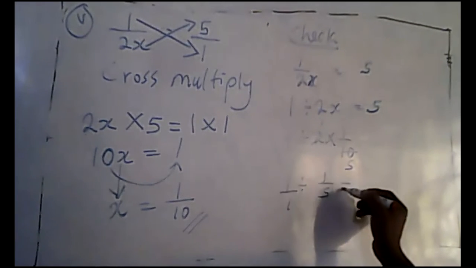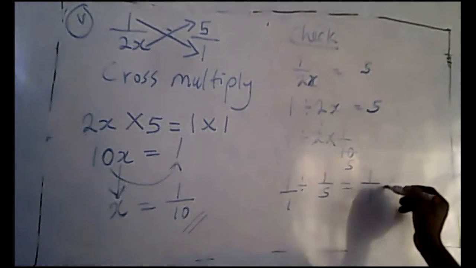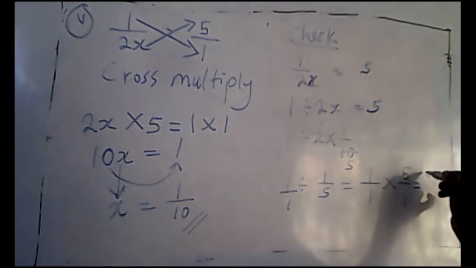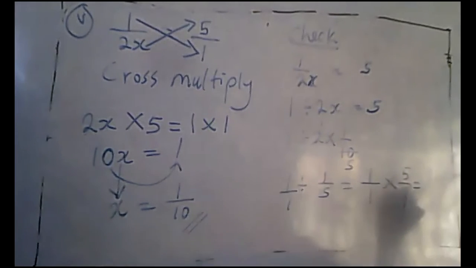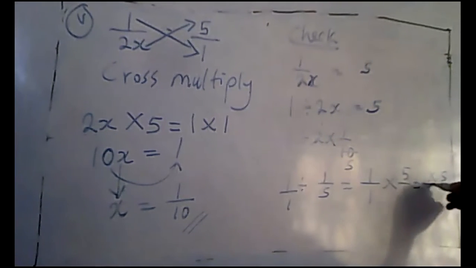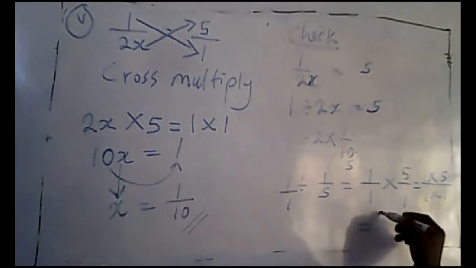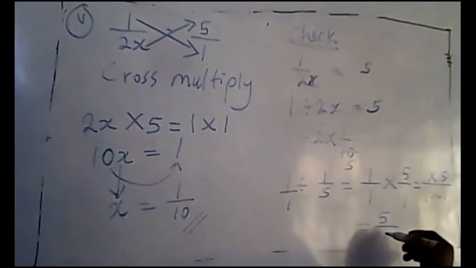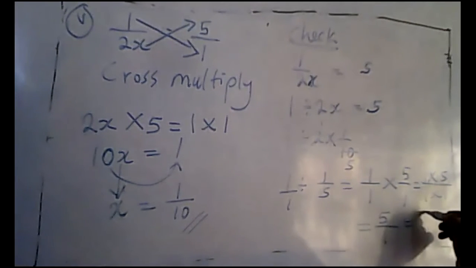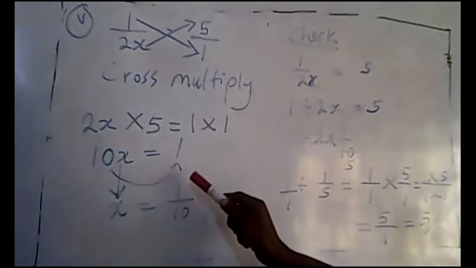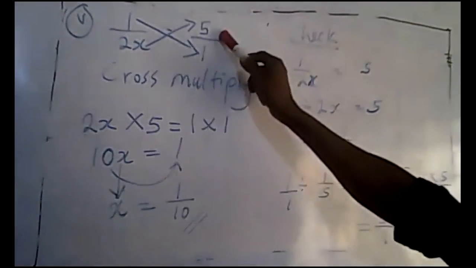Make this over 1, so it becomes 1 over 1 times 5 over 1. 1 times 5 is 5. 1 times 1 is 1. 5 divided by 1 is 5. Is that not correct? Very correct. So our answer, 1 over 10, will give us 5.